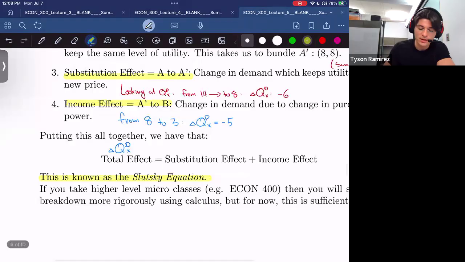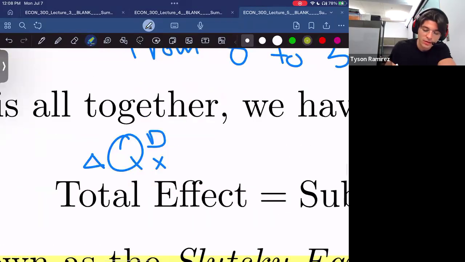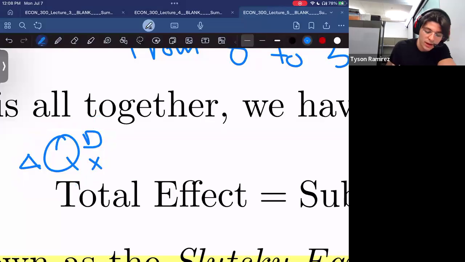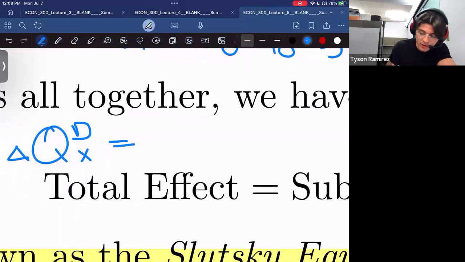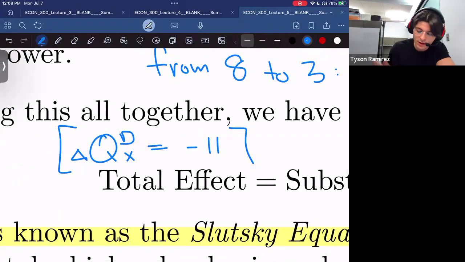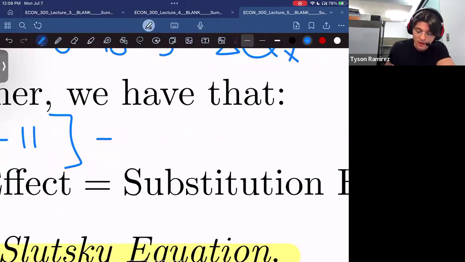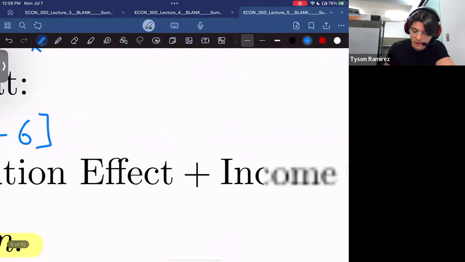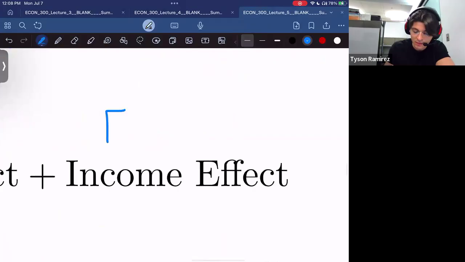So the total effect here, we saw, was -11. And where did this come from? Well, we saw that the substitution effect contributed a -6, while the income effect contributed a -5.